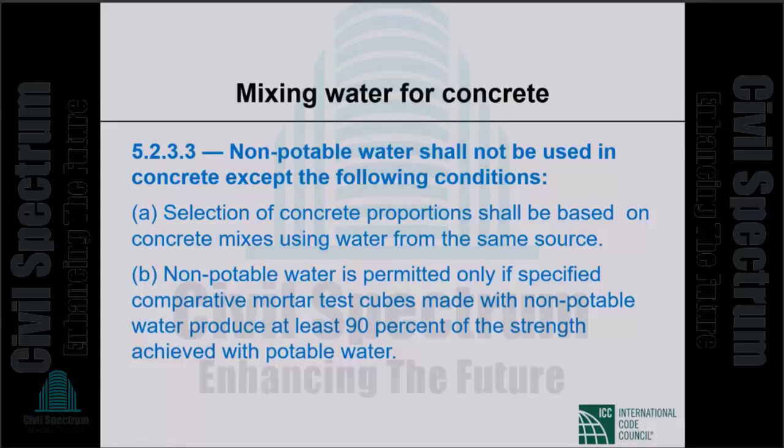So you are allowed to use non-drinkable water if you make mortar cubes with drinkable water and with the non-drinkable water you want to use, and the cubes made with the non-drinkable water produce at least 90% of the strength of the cubes made with drinkable water. Under those circumstances, you will be allowed to use non-drinkable water in concrete making.